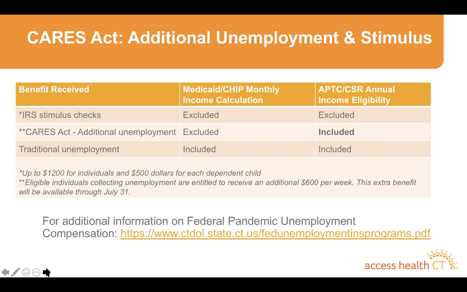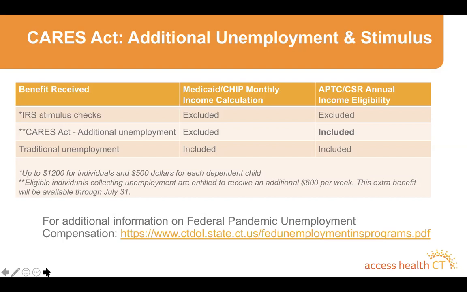I did see a really good article in The Current this weekend. It's called "The Additional $600 Unemployment Benefit Will Start in Connecticut Monday. Here's what you need to know." That was just in the paper yesterday. I think it's really good at talking about these unemployment programs under the federal pandemic unemployment compensation. So there's two things.